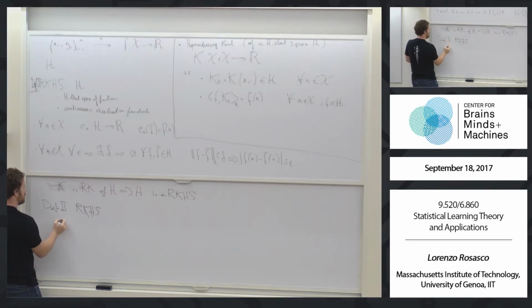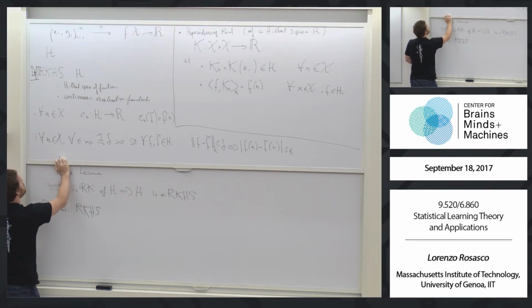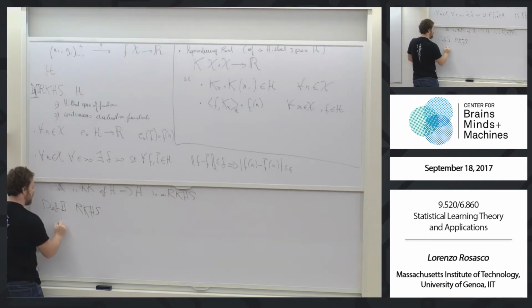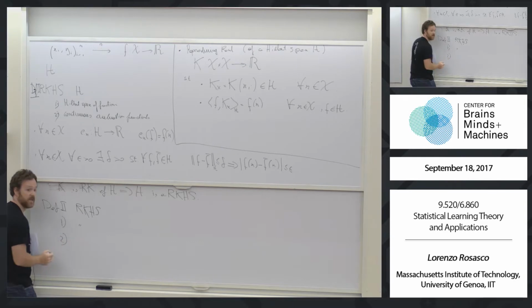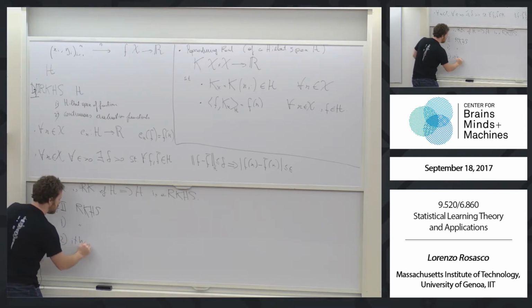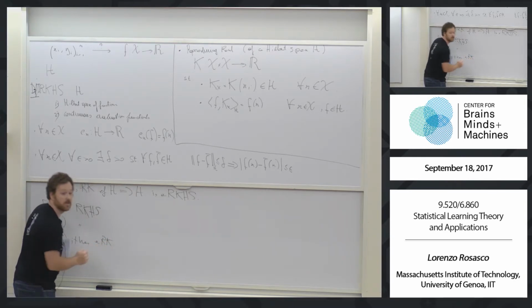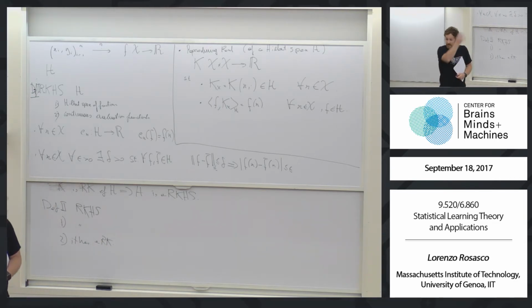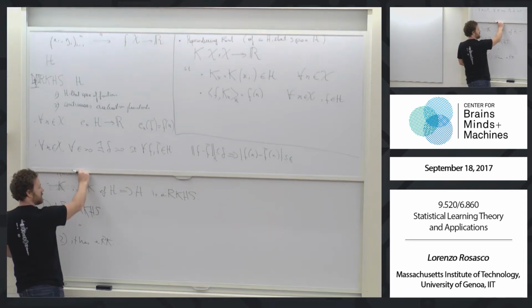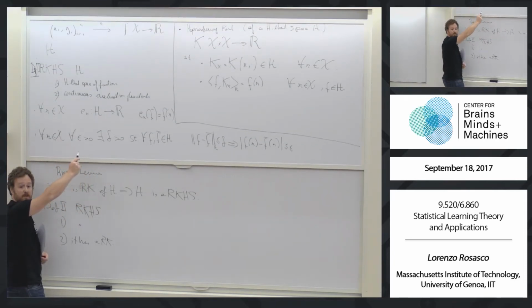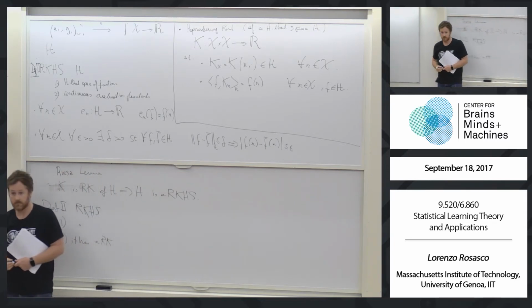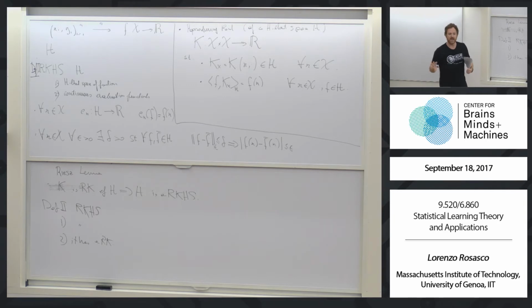Definition 2: I keep assumption 1, the same, but assumption 2 is that it has a reproducing kernel. Putting together these two facts, I can trade the assumption of continuous evaluation functionals with the existence of a reproducing kernel. It's all the same. So this is basically the main content of the stuff.